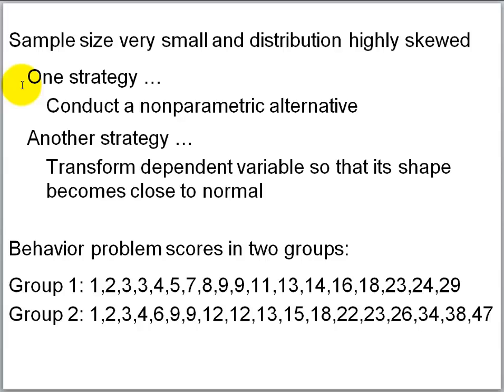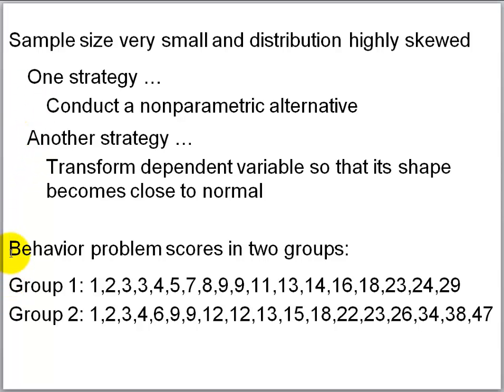As you know, the parametric test could yield inaccurate results due to the combination of small sample size and very strong skew. Another strategy is to transform the dependent variable so that its shape becomes close to normal.